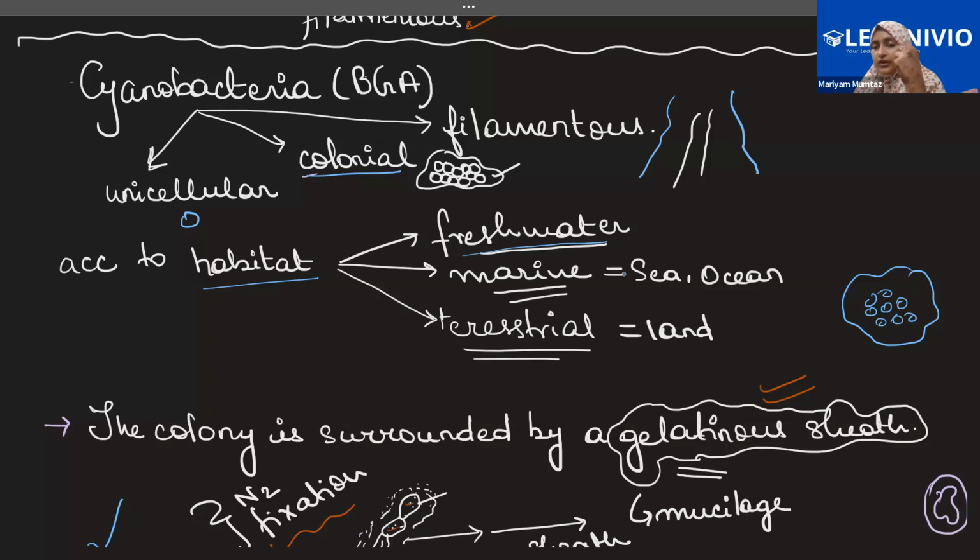Marine means the water that has salt present. Fresh water means ponds and lakes, which don't have salt, but marine water such as the sea and the ocean has salt present in it. The cyanobacteria can be present here also. Lastly, they can also be terrestrial, meaning they can live on land as well.